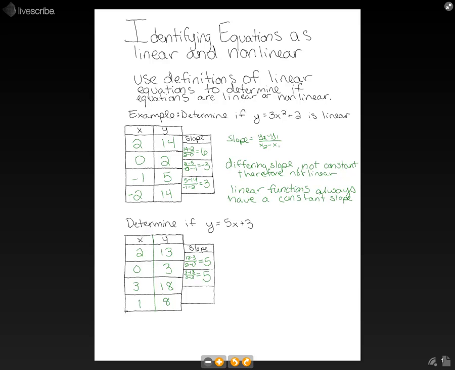And we have 18 minus 8 over 3 minus 1, which will give us, once again, 5. So our slope is constant, and therefore it is linear. So this is one way you can use slope to determine if equations are linear or nonlinear.